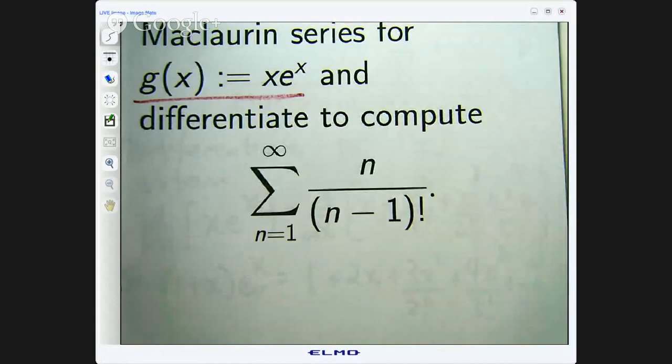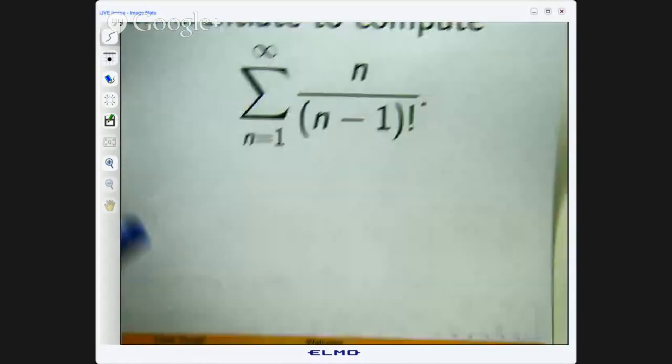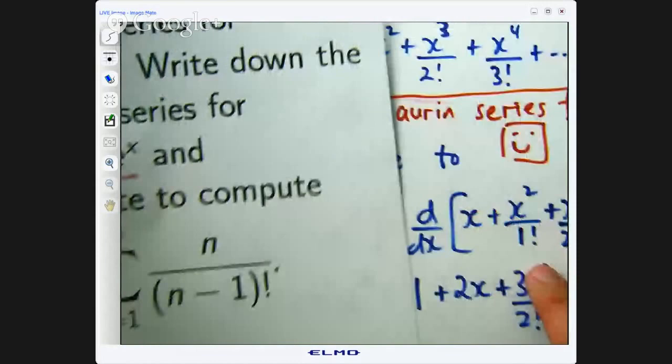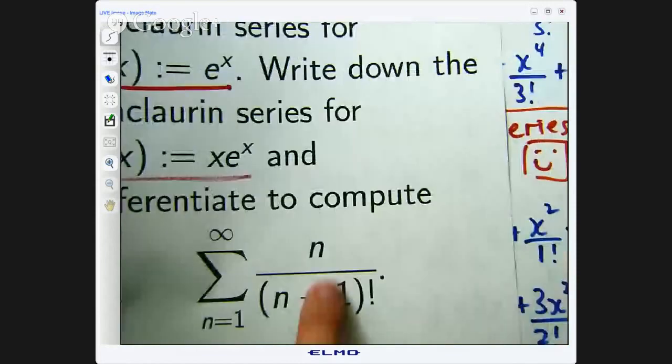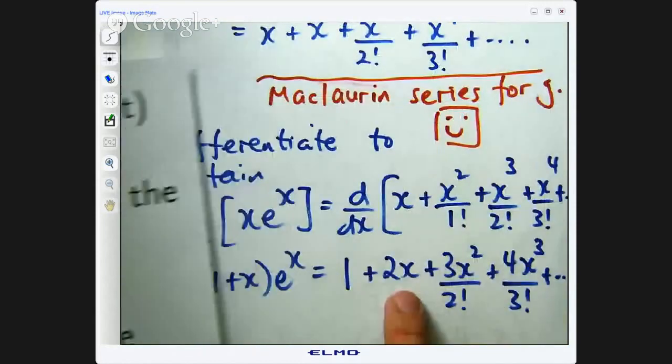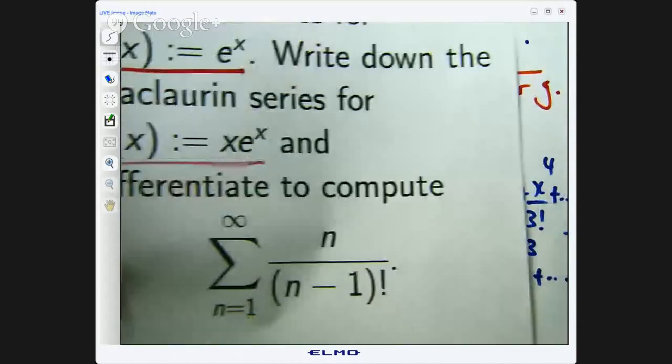Okay, I know what you're thinking. You're thinking, Chris, that's very pretty, but how does it actually help us calculate the value of the series that we're supposed to be calculating? Well, I'm glad you asked. Let me show you. What we would like to do is compare. You can see this and this are sort of the same if you plug in x equals 1.